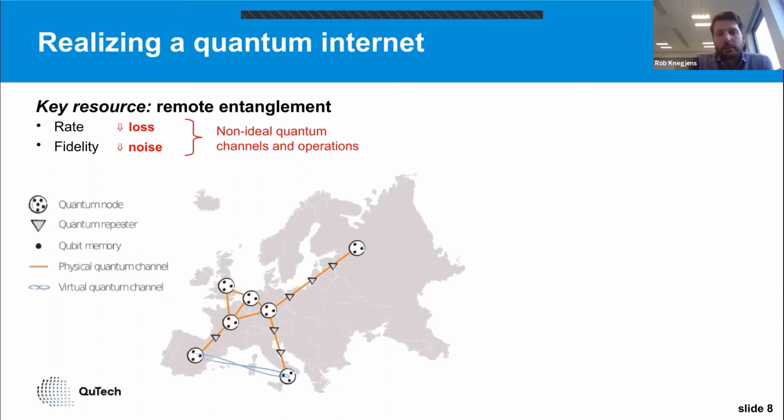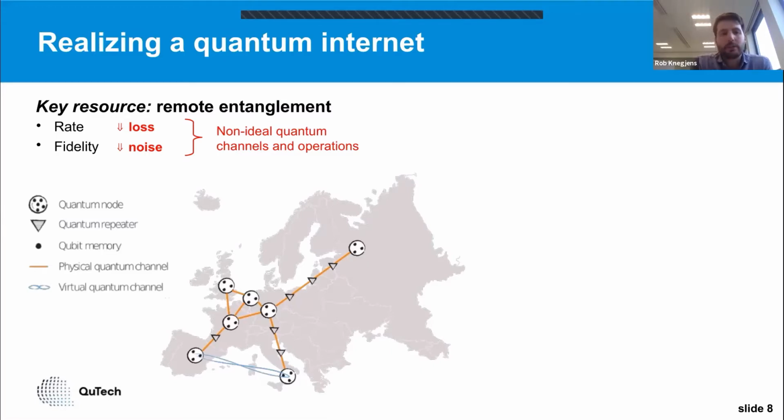What are the important performance features of a quantum internet? And that is to achieve a high rate of this remote entanglement generation and with sufficient quality or fidelity. And in a real quantum network, those two metrics are hampered by loss and noise.